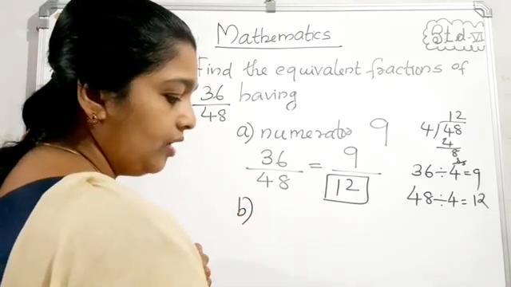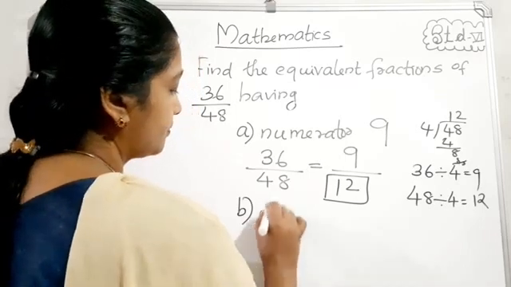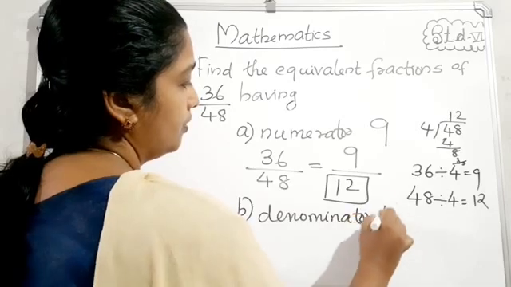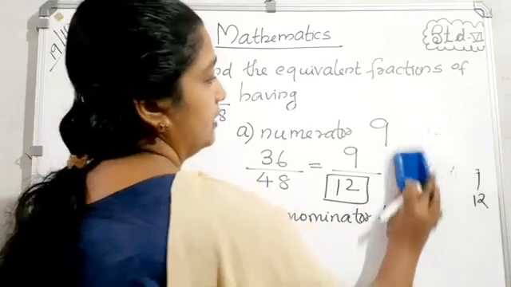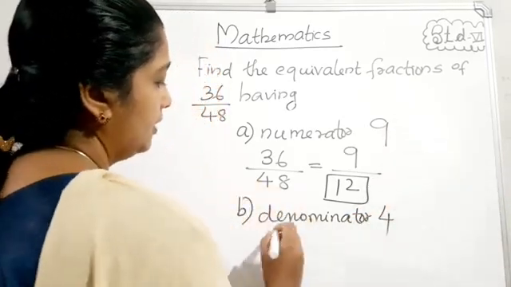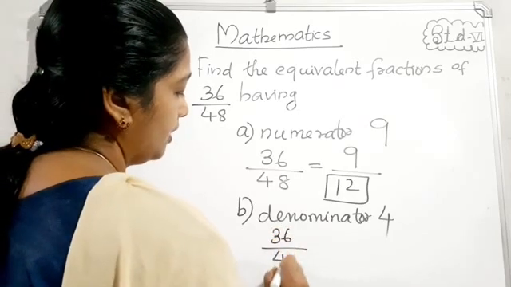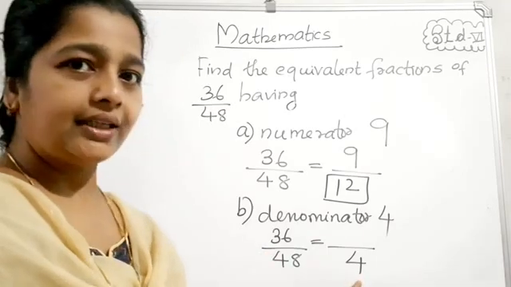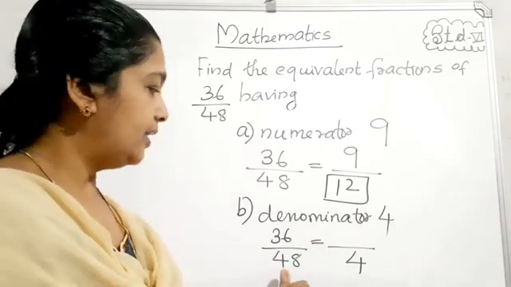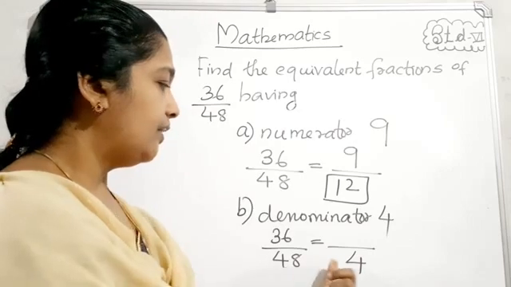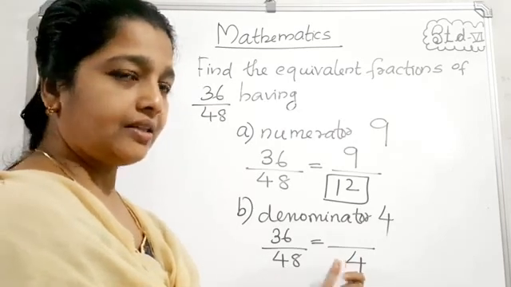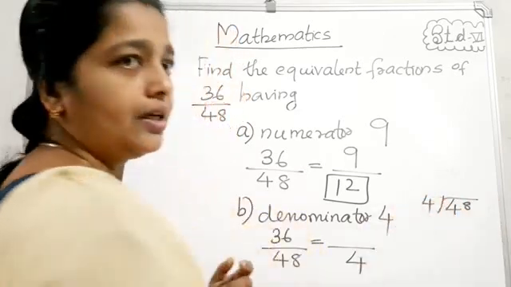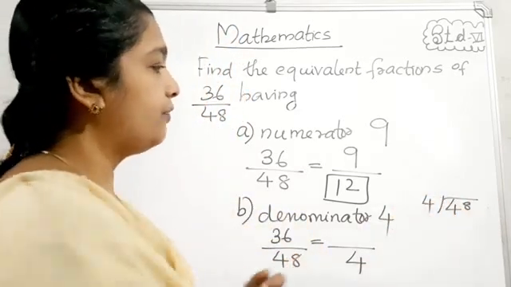That is denominator 4. Listen. Denominator 4. First 36 by 48 and denominator 4. Here also, yes, that is division. We want to find the factor. 48 by 4: early we understood 48 by 4 equal 12.